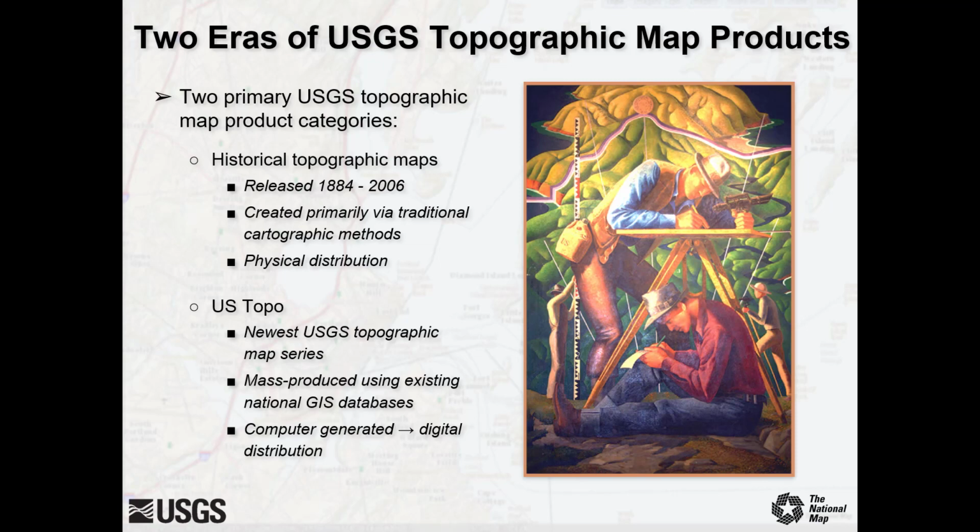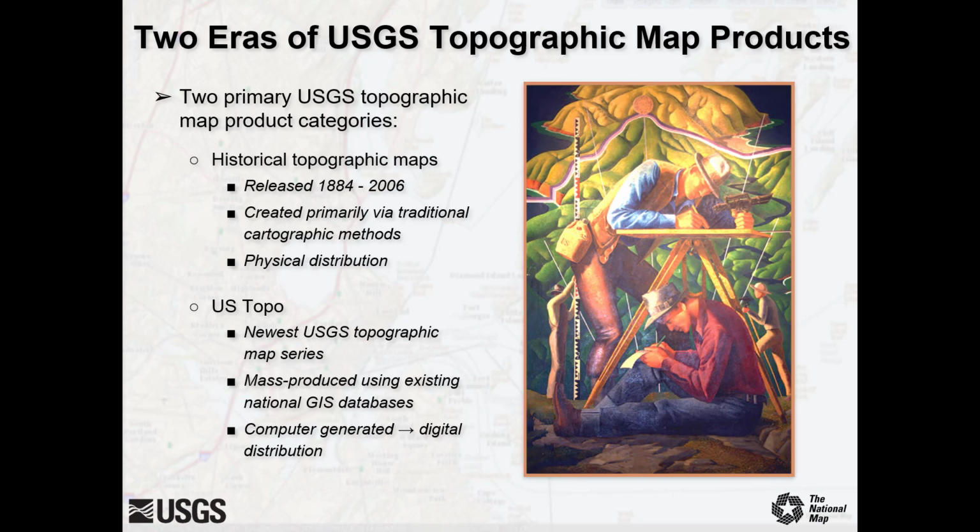US Topo maps are digitally mass-produced using Geographic Information System, or GIS, databases. These databases stem from the national, state, and local partnerships established as part of the National Map, which you learned about in Lesson 2. How to access both products will be covered later on in this lesson.